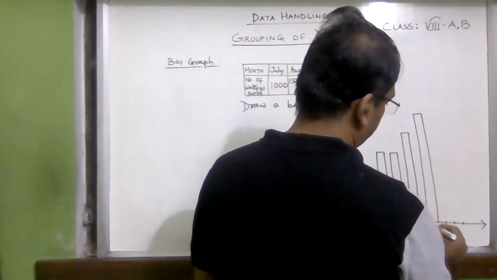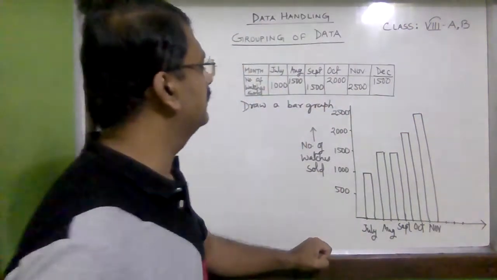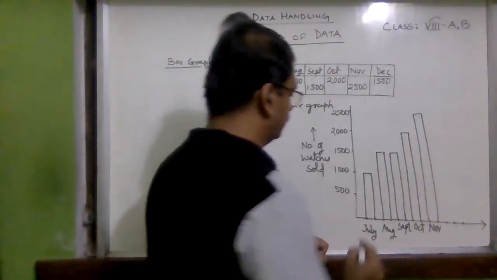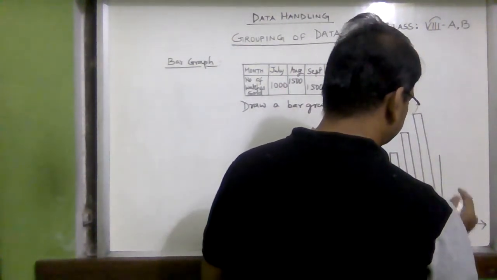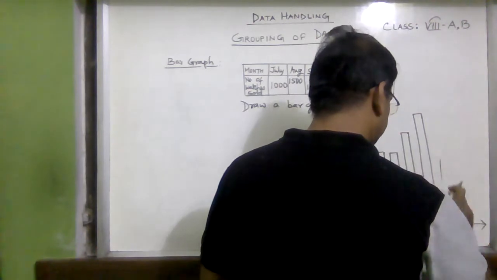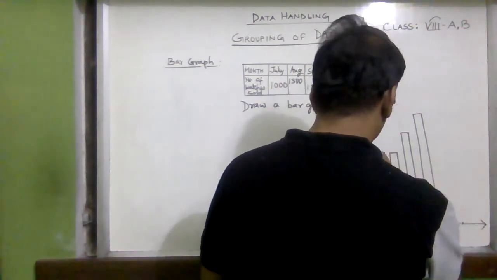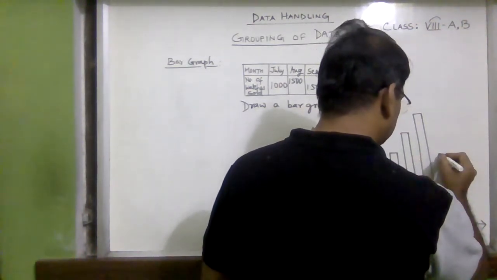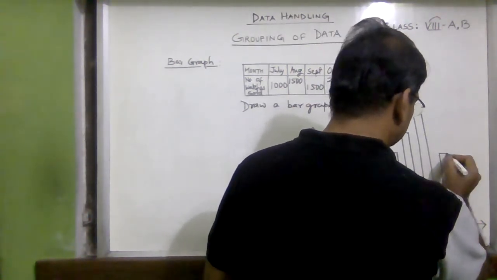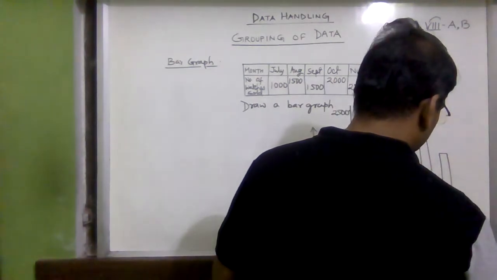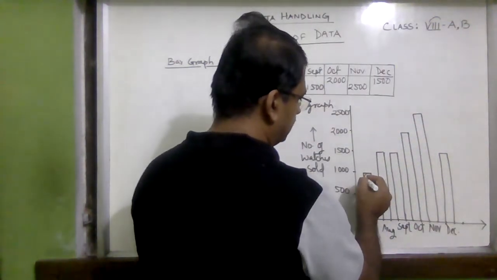That is November. And in the month of December, again 1,500. Now you shape these bars.